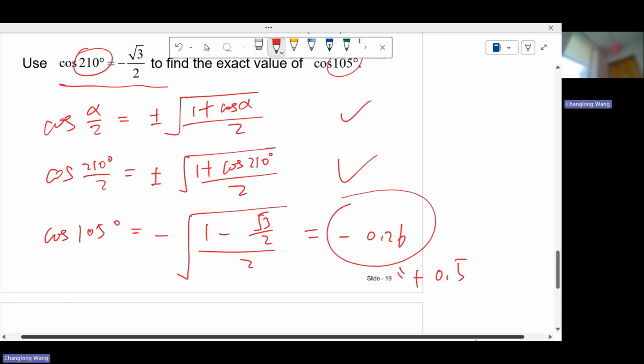Sometimes, because they're using the special angles, they don't necessarily tell you how much cosine 210 is. And the reason this is different from the test problem is this is in the book, right? The test problems, like I say, you might not be given a special value to play with.